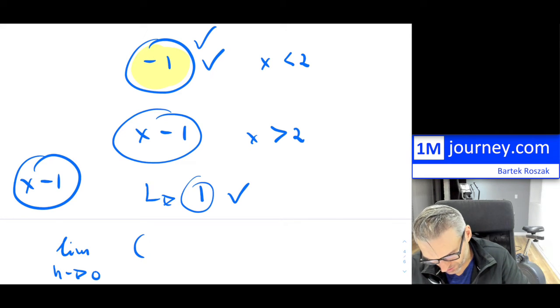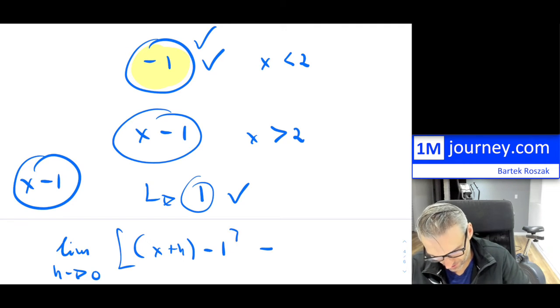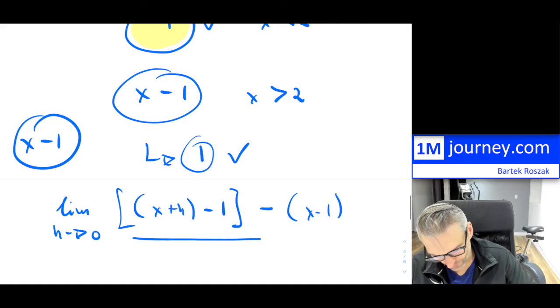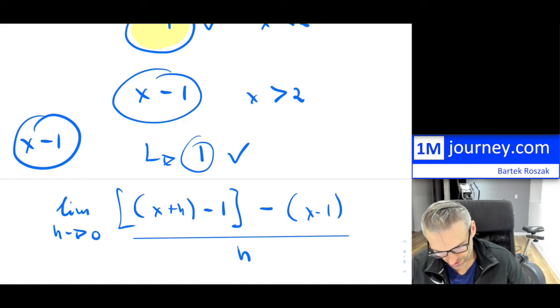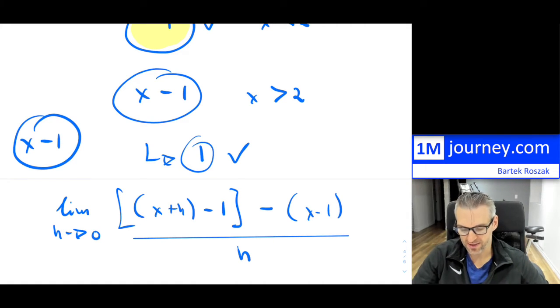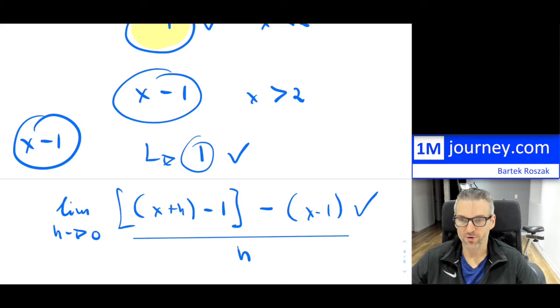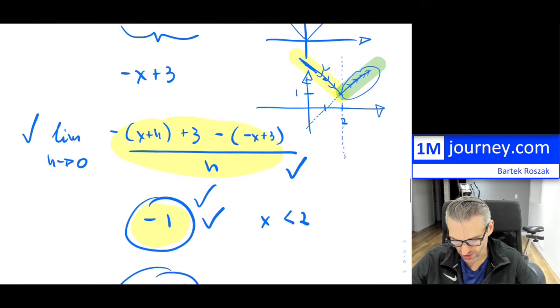So if you substitute it in, this would be (x+h-1) minus (x-1), all over h. Now you can just simplify. Simplifying this one is easy, it's not a problem at all, and then you'll just get your answer of 1. That's how you would show your teachers.